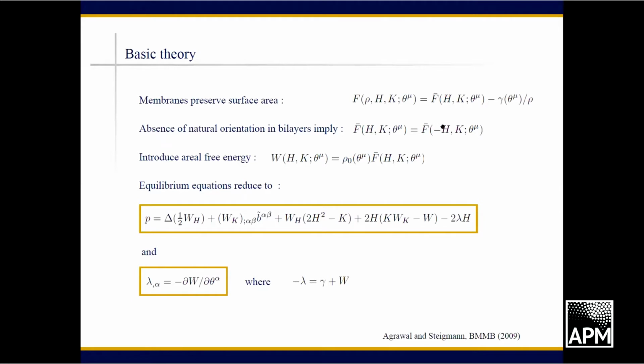K, the Gaussian curvature, is already a quadratic function of the curvature and so is unaffected by this argument. Typically, it's more advantageous to introduce an energy per unit area. And because of the area constraint, that can be either per unit current area of the actual configuration, or per unit area of a reference surface, a fixed reference surface that we might use as a computational domain, for example.